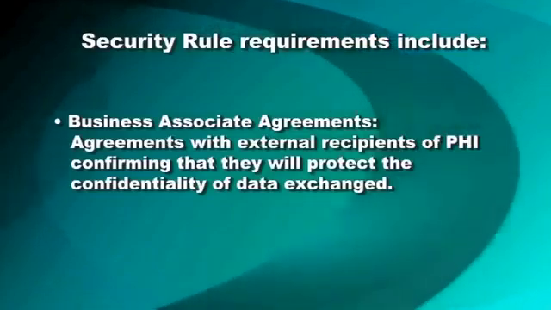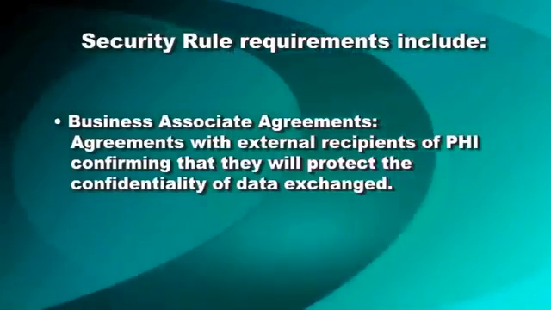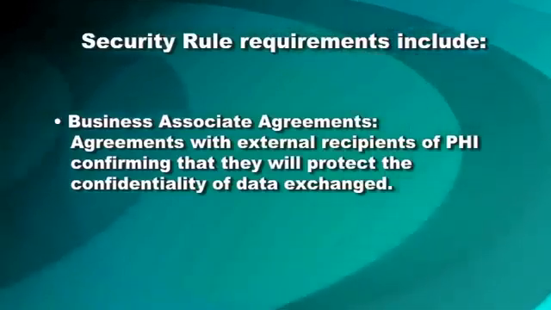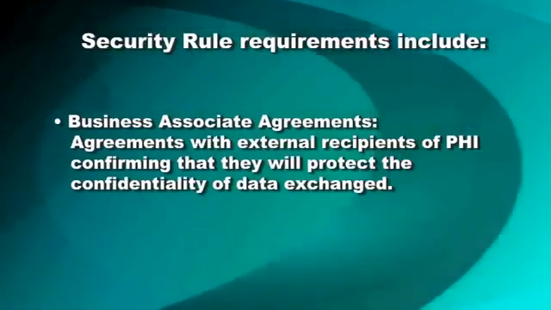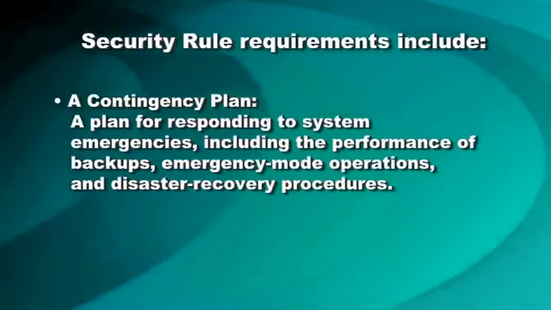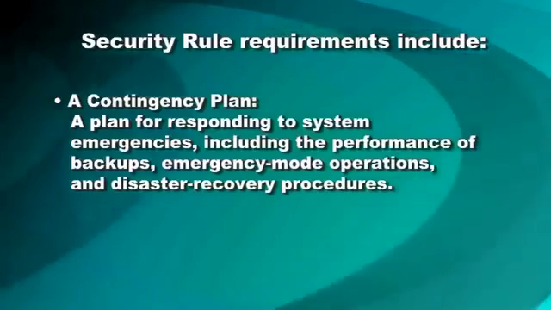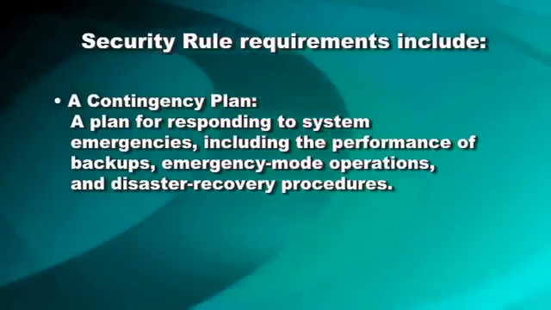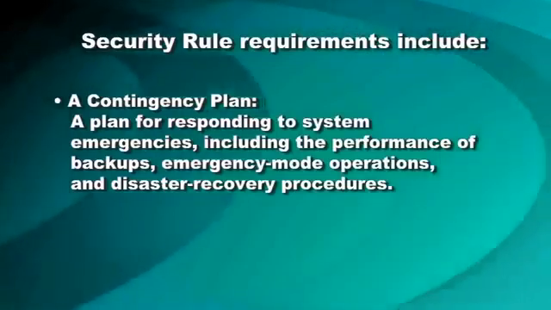Business associate agreements: agreements with external recipients of PHI confirming that they will protect the confidentiality of data exchanged. A contingency plan: a plan for responding to system emergencies, including the performance of backups, emergency mode operations, and disaster recovery procedures.